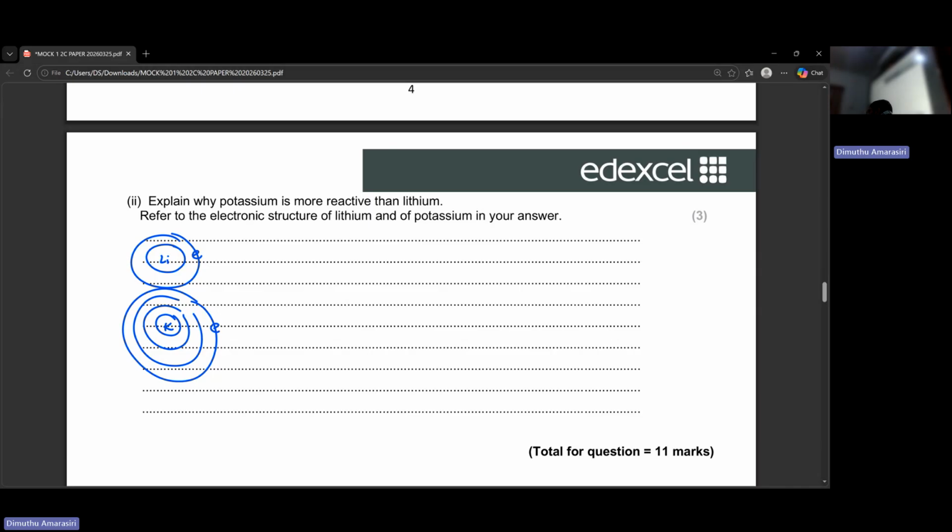Then you say, therefore the last electron is more away from the nucleus in potassium. Last electron is less attracted to the nucleus in potassium. So it's easier to remove the electron in potassium. So out of those 4 statements, 3 will score.